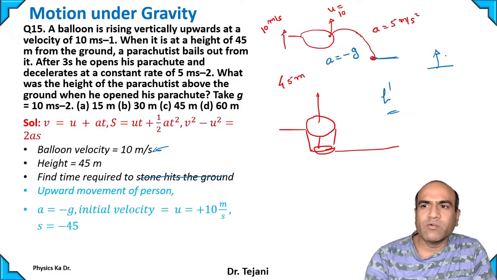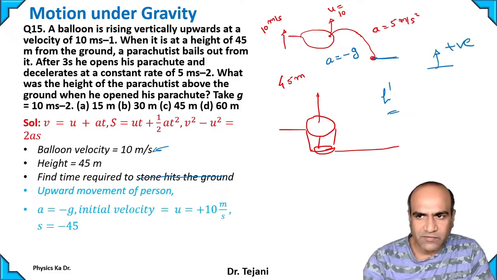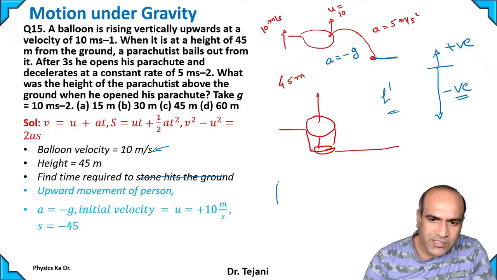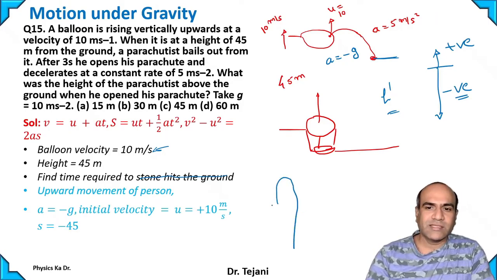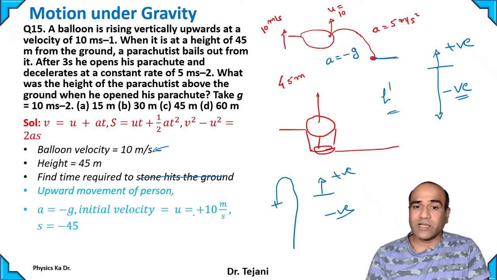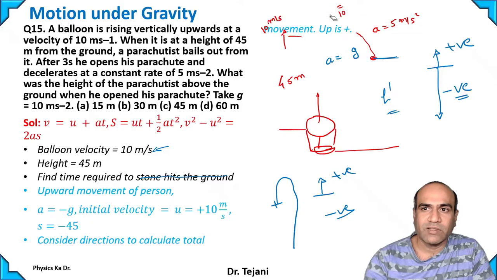Upward direction is positive for velocity and distance, and if the distance is in the downward direction, the distance is taken negative. Remember that part, otherwise you will make a mistake.